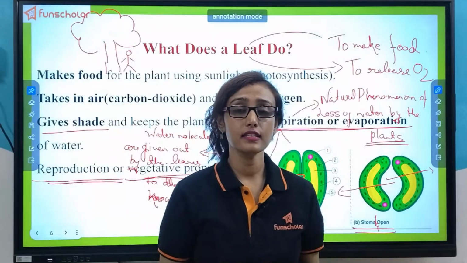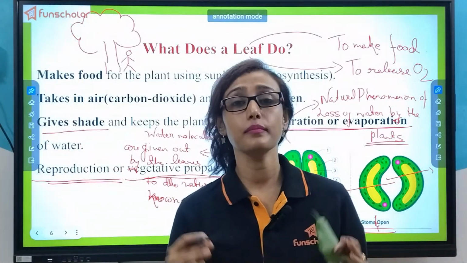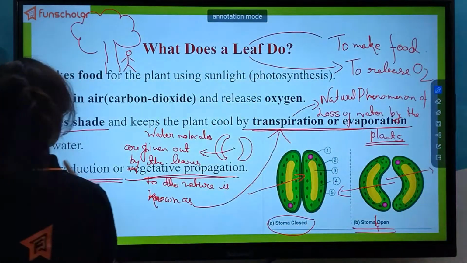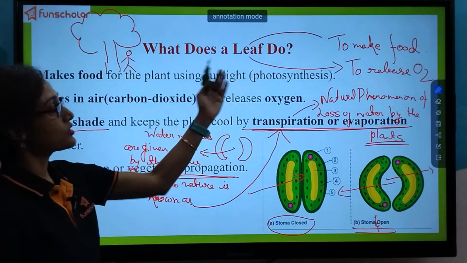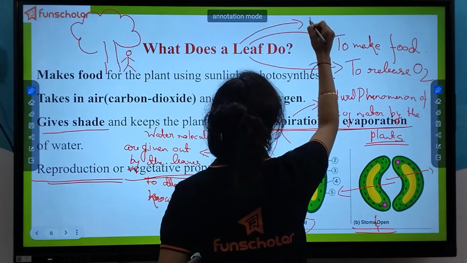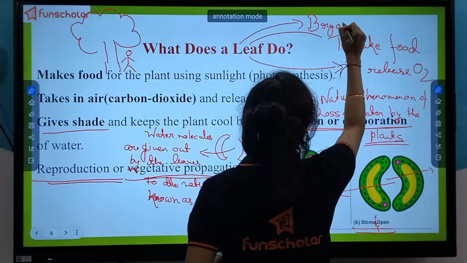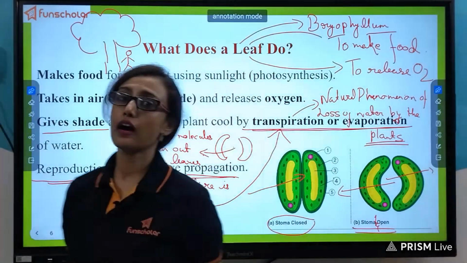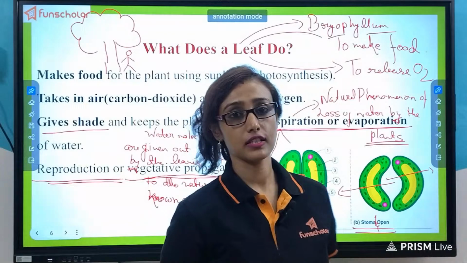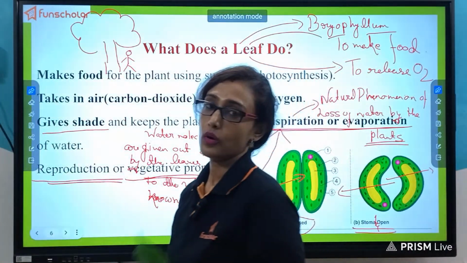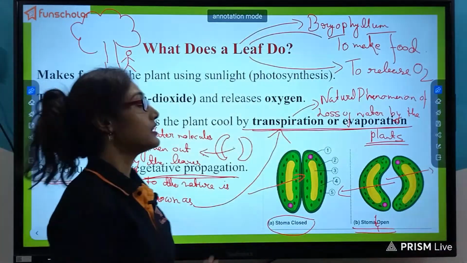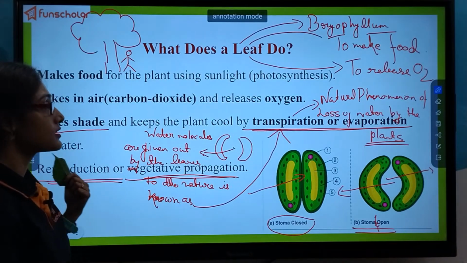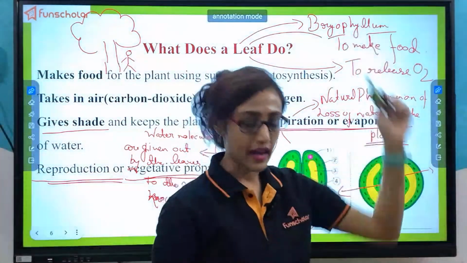Yes, you are right. Seeds do reproduce, but there are some exceptions, and leaves are one of those. So, reproduction in plants through leaves occurs by a plant known as bryophyllum. Please note down the points or extra information I am giving to you, so that you can learn it later on. So which leaf reproduces? The answer will be bryophyllum.